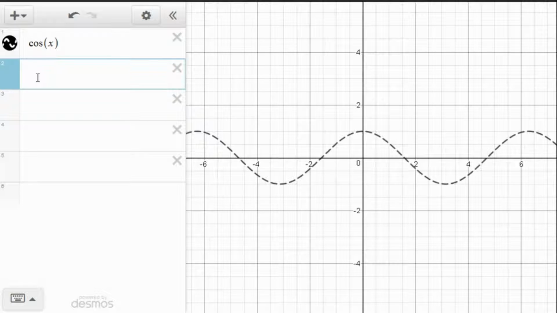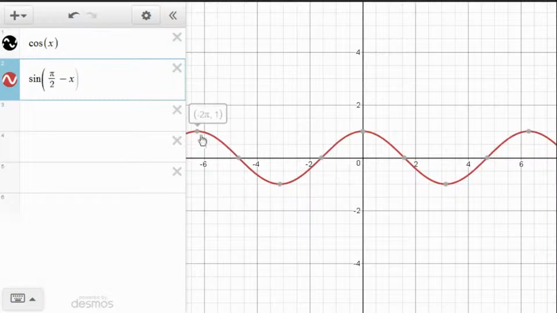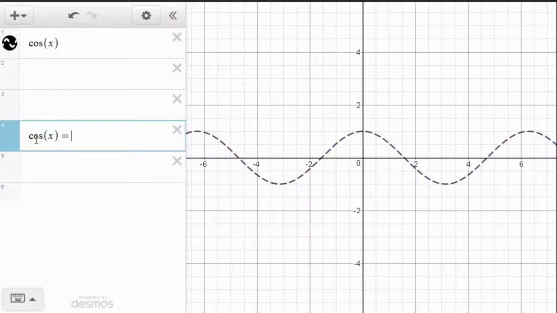So in other words, cosine of x is the same thing as the sine of the complement of x. In other words, sine of 90 degrees minus x, or pi over 2 minus x. And you see that that exactly emulates our curve. So let's save this little formula for our own use, because it will come in handy in the future.